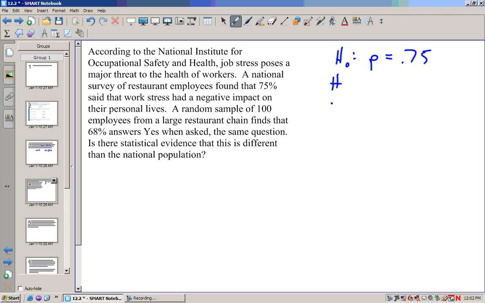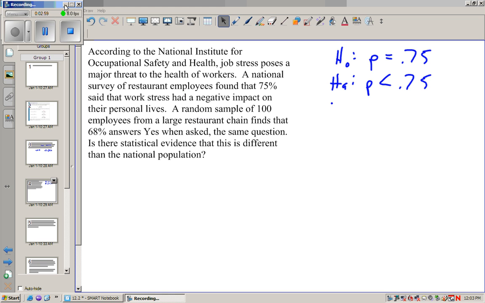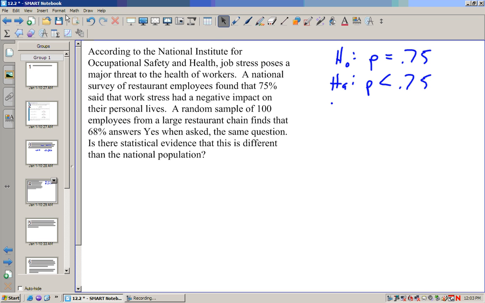My alternative hypothesis will be that it is less than. So P is less than 0.75. All right, I made a little mistake here. I reread the question, and I noticed that this says is different from the national average. So this shouldn't be less than. It should be not equal to, because they're just looking for different.